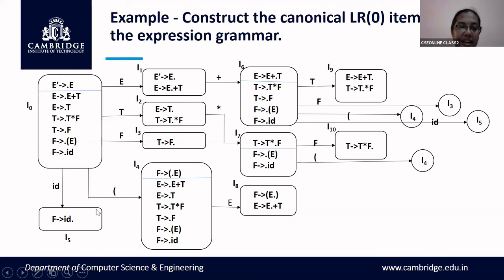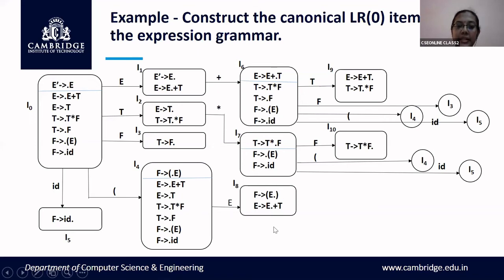I will be getting I5 again, because if I move dot one position towards the right side, I get the production F derives ID dot, which is again the repetition of I5. So on ID, I get back the state I5. Fine. That is about the state I7. Go to from I7 on F to I10, on open parenthesis to I4, and on ID to state I5.